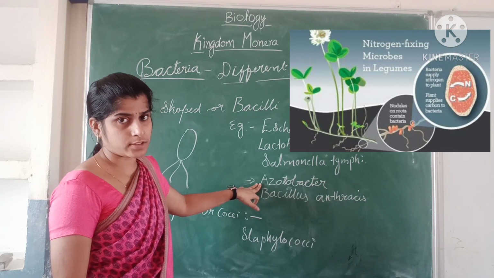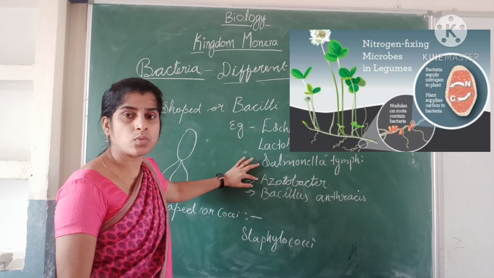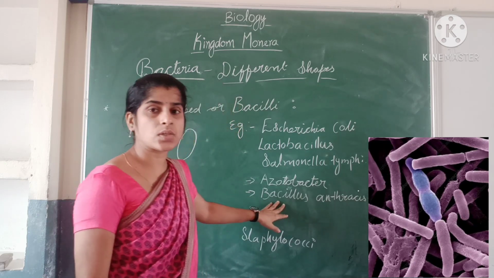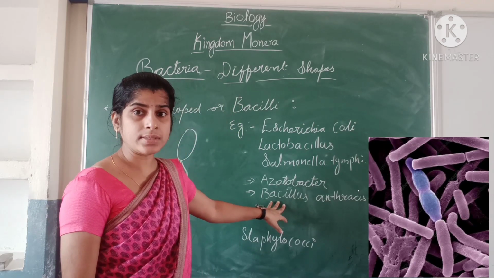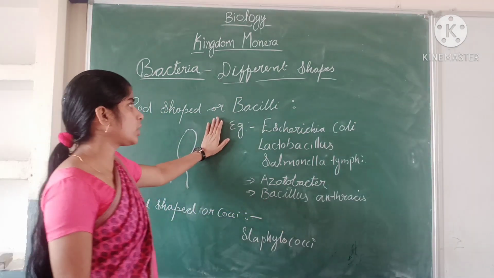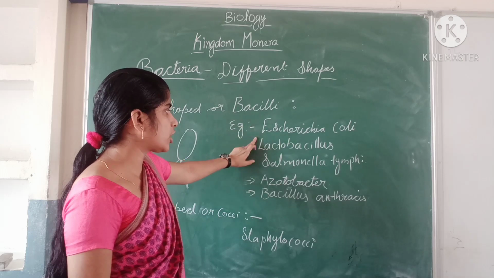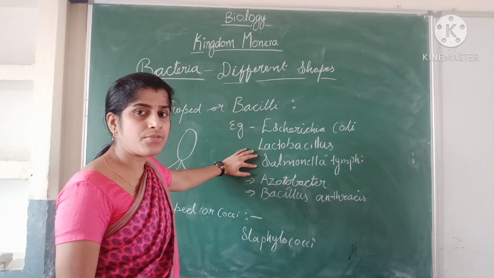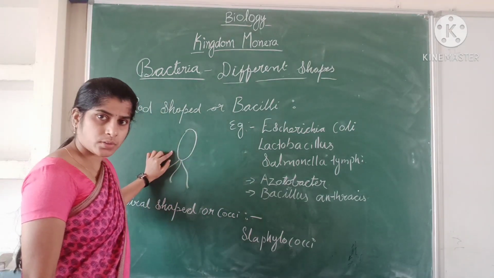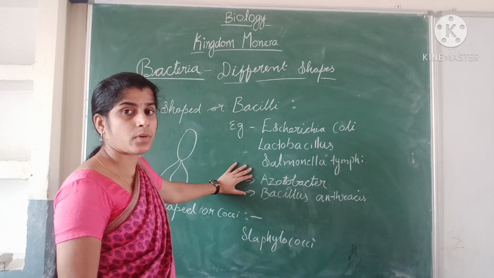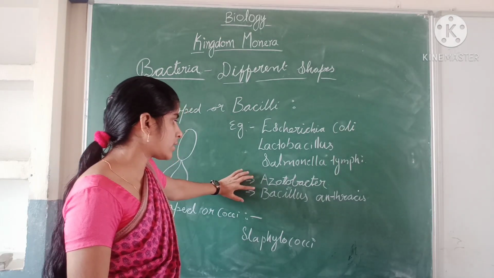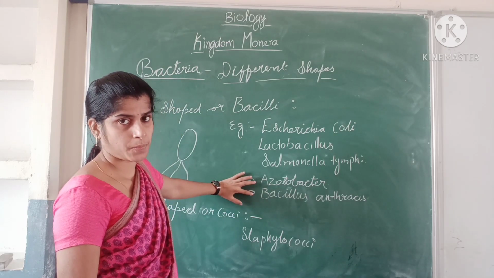Acetobacter helps with nitrogen fixation, and Bacillus anthracis causes fever. So rod-shaped or bacilli bacteria, such as Escherichia coli, Lactobacillus, and Salmonella typhi, occur as single rods, and they can also form chains, as in Acetobacter and Bacillus anthracis. Is it clear?